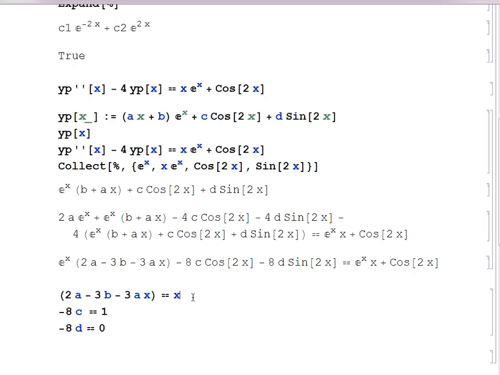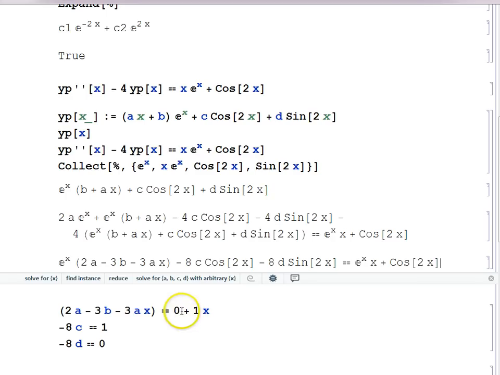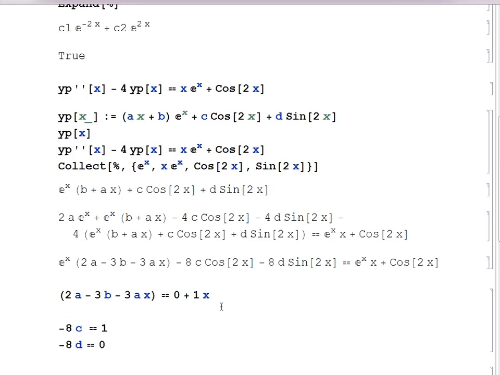And this breaks up into two parts actually. Because that's a 1 sitting there, I actually need 2a minus 3b to be equal to, let's see, 0. So I'll write that in. I need 2a minus 3b equal to 0, and I need minus 3a to be 1.